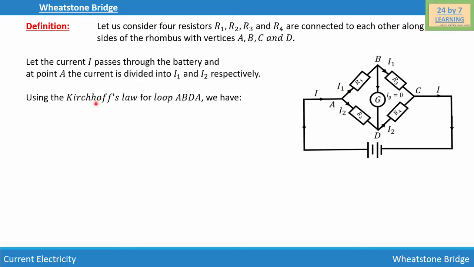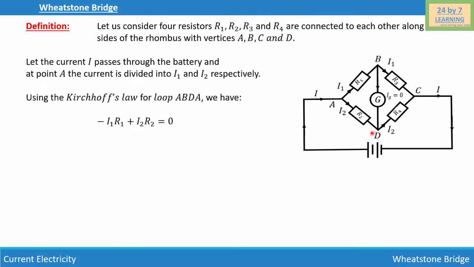Now, let's use Kirchhoff's law for loop ABDA, this part of the circuit. If we use that, we will write negative I1 R1 plus I2 R2 is equal to 0, because the current passes through here, so the direction of current is this.